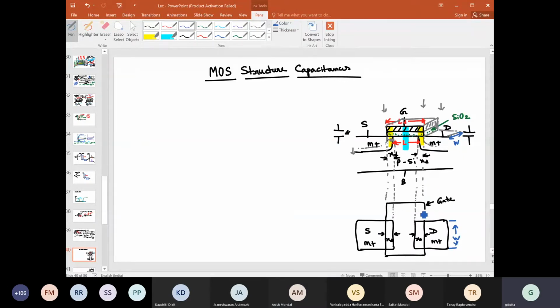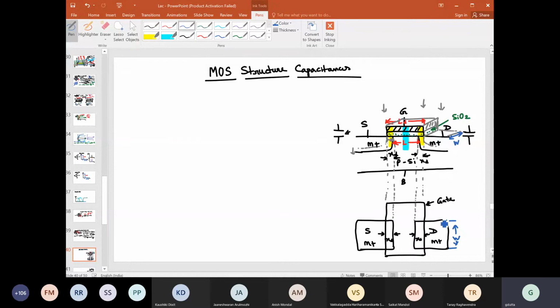Remember that generally the gate will be extended beyond the source and drain in the actual structure. But if this is the gate length, please do not consider the gate width to mean the width of the physical gate.